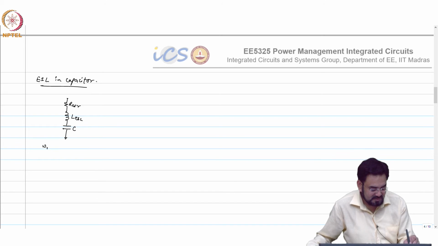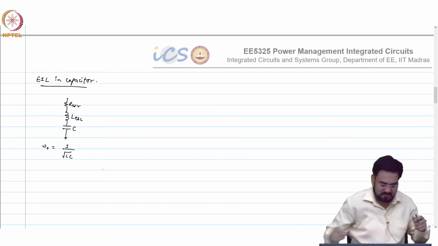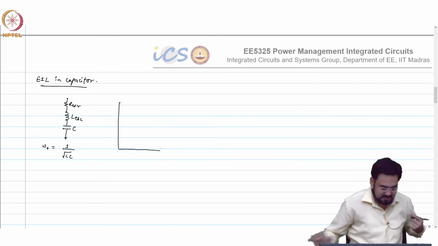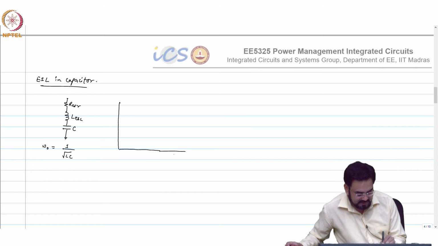So it has omega naught equal to 1 over square root LC, and your inductance will be looking like the impedance.